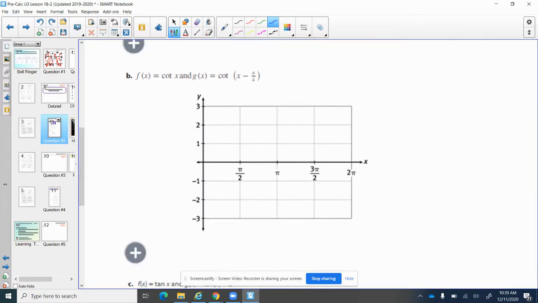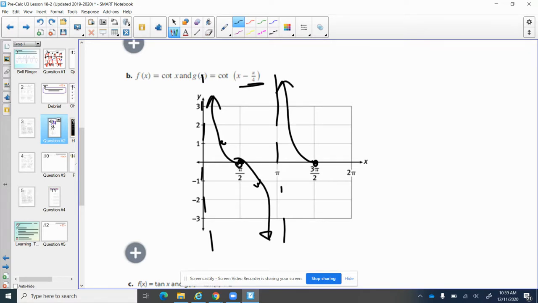Cotangent is not changing much in this particular graph other than we are moving it to the right, pi over 4. Normally our cotangent graphs look like this, where we have this shape to it. But this time we need to move this to the right, pi over 4. Halfway between each of these is pi over 4 units, half of pi over 2.